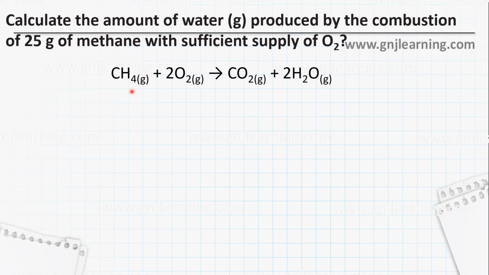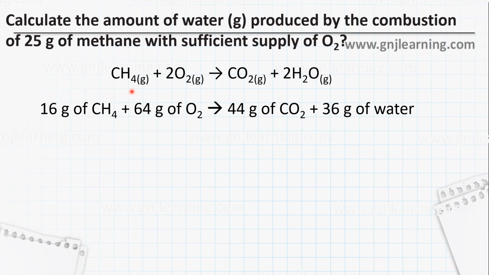What I know from the stoichiometric calculation is that molar mass of methane is 16 gram, and 2 into molar mass of O2 is 64 gram, will give 1 mole of CO2. Its mass is 44 gram, and water, it is 18 gram molar mass into 2, equal to 36 gram.